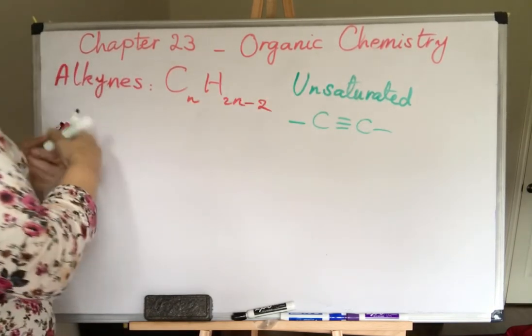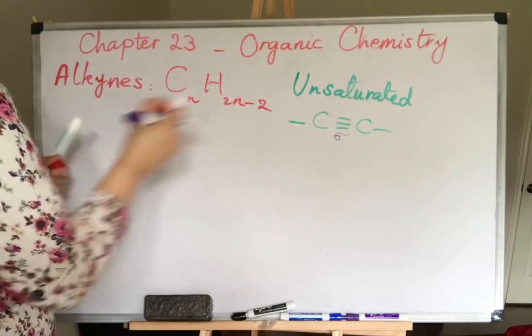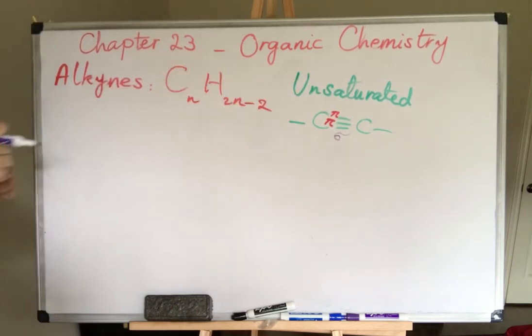One of them is a sigma bond, and two of them are pi. Okay, and they are more sensitive.